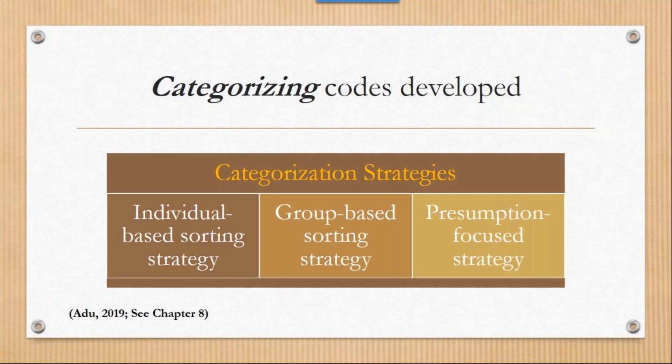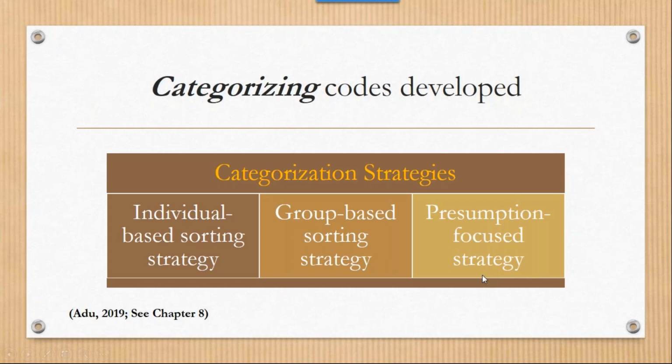So you look at the content, you look at the characteristics of the code, and based on that you are able to find out whether there are similarities among them, and then think about bringing some of them together. At the end of the day, you put them into various classes, and based on that you come up with themes. So that's another way of doing that. And as I said, I explain everything in my book.